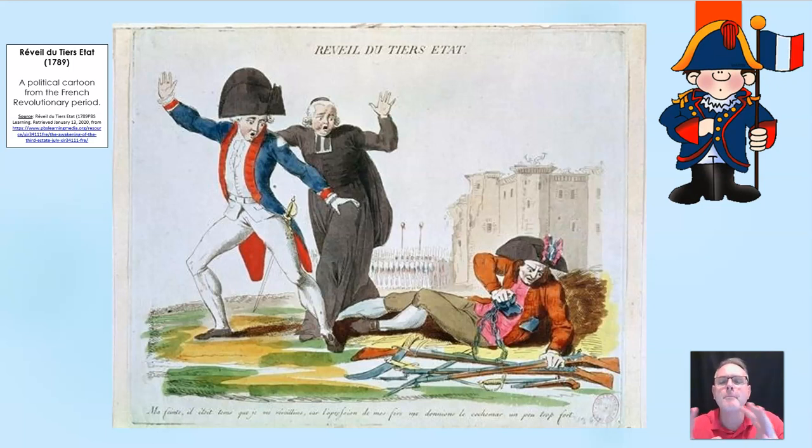We've got a major building being torn down. You can see workers swinging picks at the top of this fortress, breaking it down. I don't want to name that for you, but it's an event right at the start of the French Revolution. So I'm going to suggest to you that the revolution has commenced by the time this image is drawn.